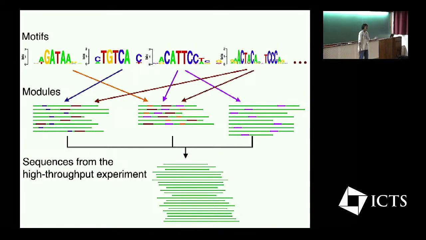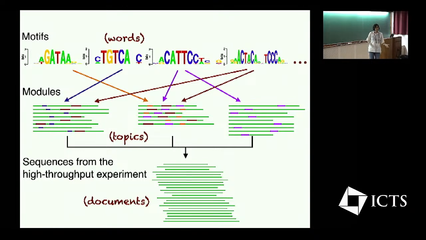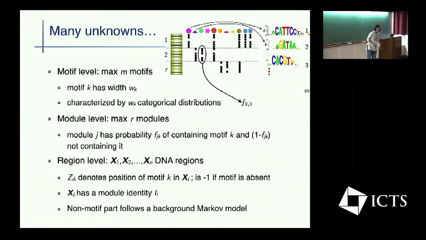For those who've done some computer science, it's a little like topic modeling, where you have documents which you want to split into topics based on words. There you do know what the words are because you're dealing with English. Here you don't know what the words are, so you're doing a little more learning. There's a lot of unknowns which we tackle with probabilistic modeling.